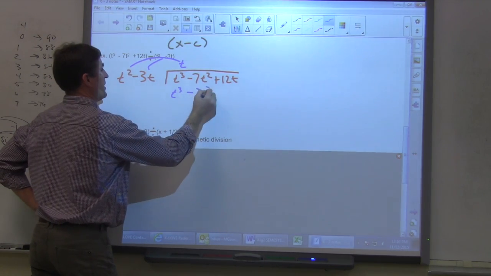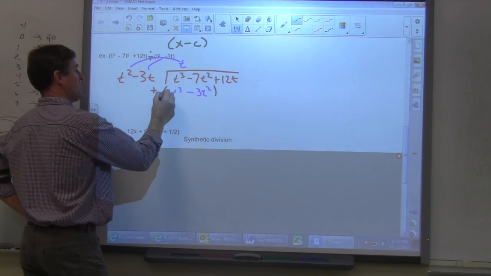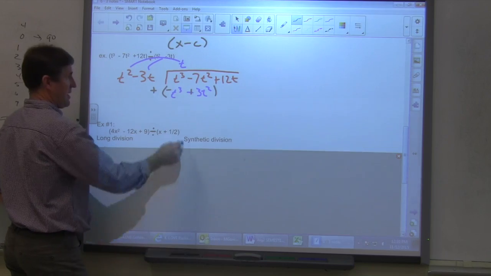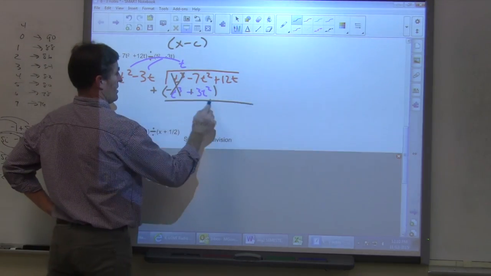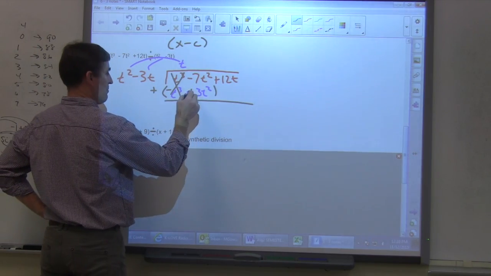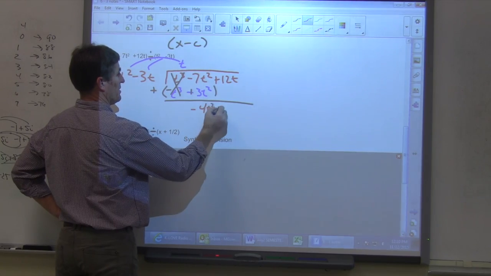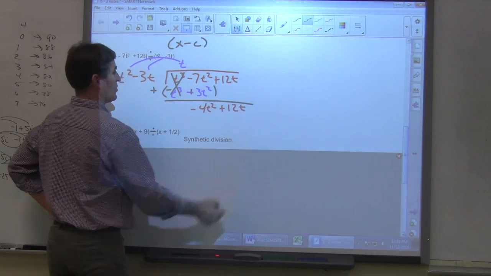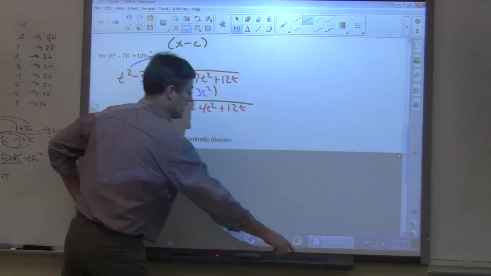minus 3t squared. Remember, we're going to subtract this whole thing. So I change it to addition and change the signs. These will always be opposites and cancel. Negative 3 plus 7 is a negative 4t squared. And bring down the plus 12t. Now, what do I have to multiply t squared by to get to negative 4t squared?